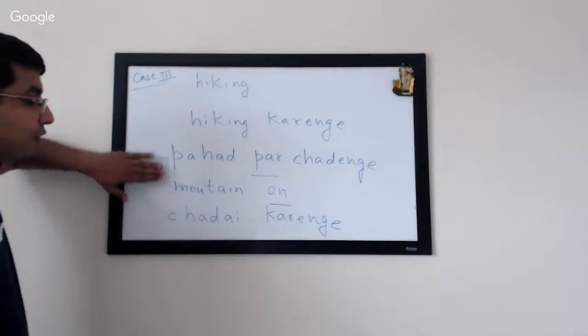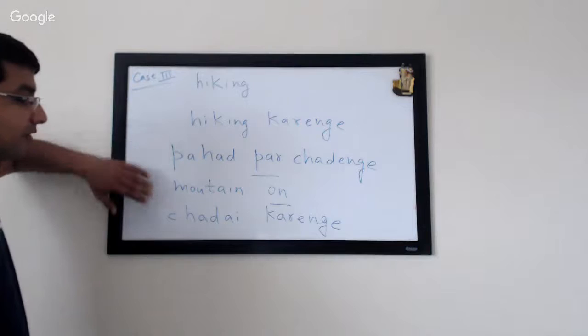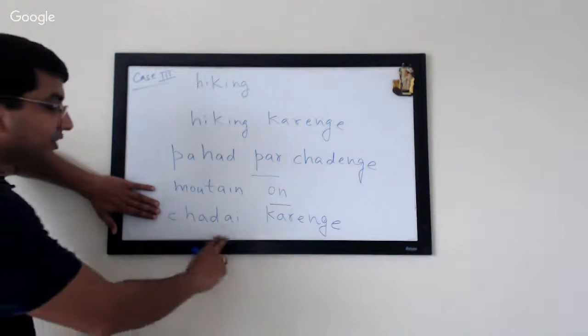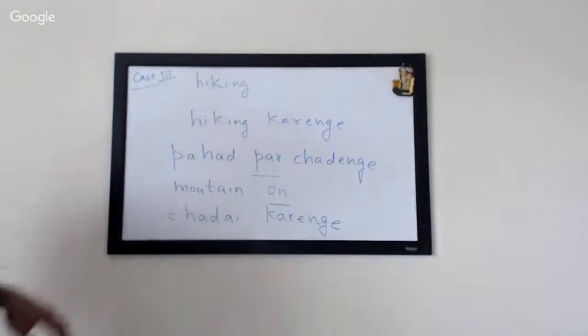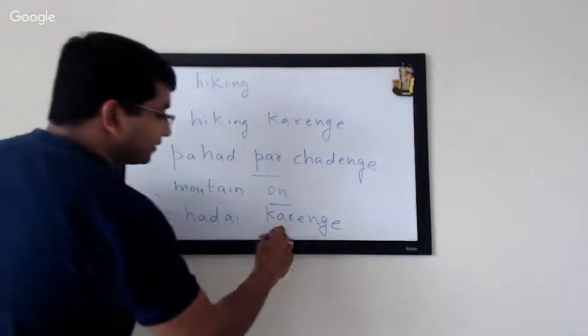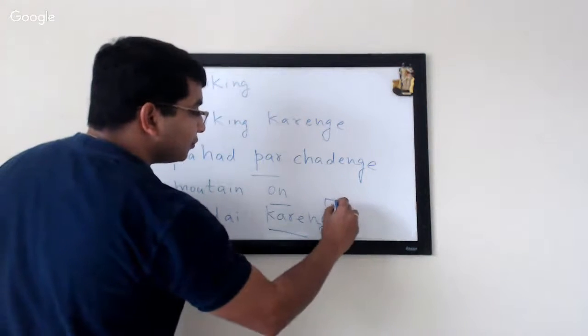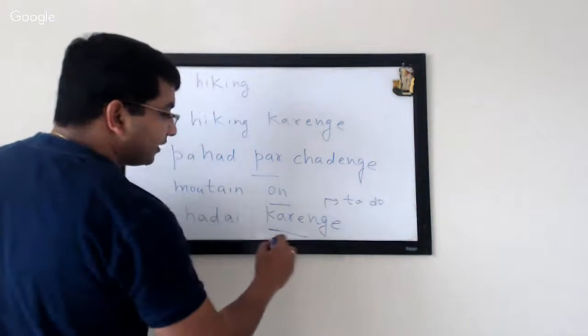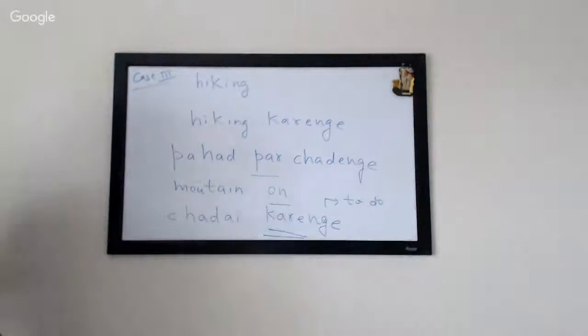If you don't want to refer to it as a mountain, and you're saying that we'll just climb a height or something, you can say chadhai karenge. Karna is to do in Hindi, but in future indefinite, it's karenge, chadhai karenge.